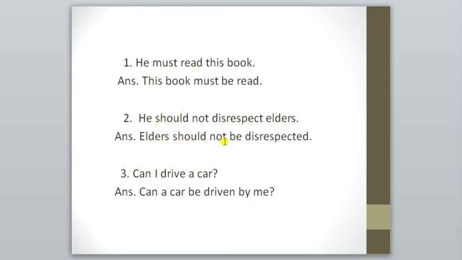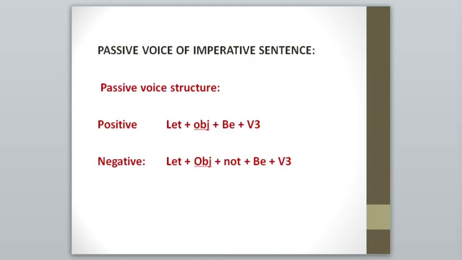Should not be disrespected by him. Can I drive a car? Modal auxiliary taken is can, object a car, and V3 means driven by me, question mark. Can a car be driven by me? Question mark. Okay.